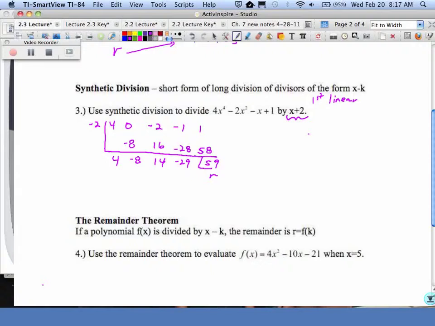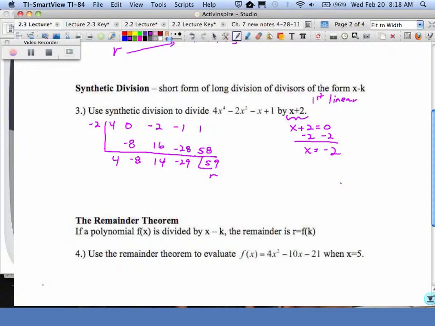The easiest way to understand what to do is to set it equal to 0 and subtract 2. When somebody says, is x plus 2 a factor, what they're really asking is, does the graph touch the x-axis at negative 2? So negative 2 is the value that we're testing. That's why I put negative 2 out front.